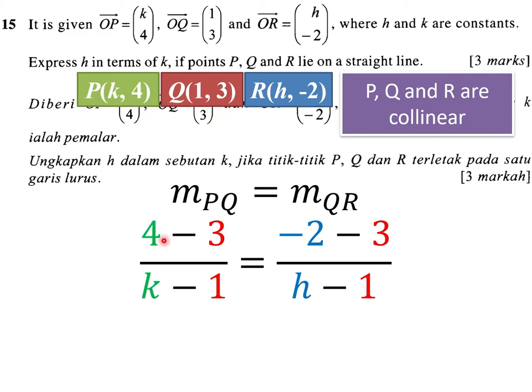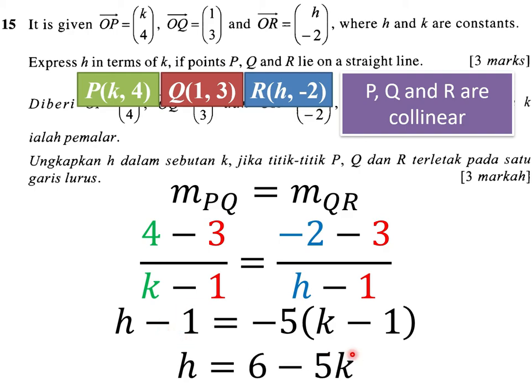Can you see that this 4 minus 3 becomes 1? So if you cross multiply, you still remain with h minus 1. This negative 2 minus 3 is negative 5. So negative 5 will be multiplied with 1 minus k. You will get this, h minus 1. So lastly, I move the minus 1 to the other side. I will get the same answer also, which is h equals 6 minus 5k.